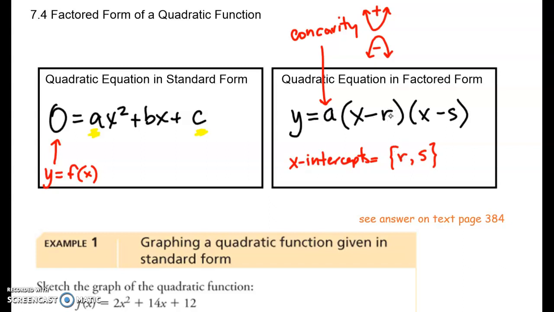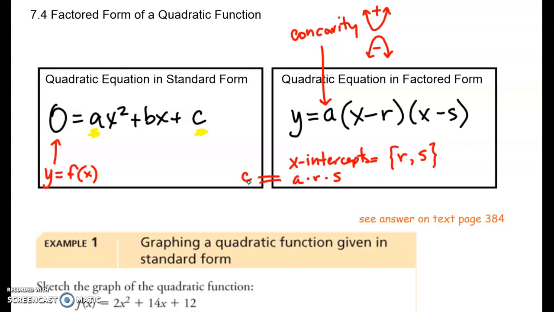They're just the r, so this has to be a subtract sign in the equation, and then the r and the s are the x-intercepts. It also happens that if you take the a, multiply it by the r, multiply it by the s, it equals c from this other equation.